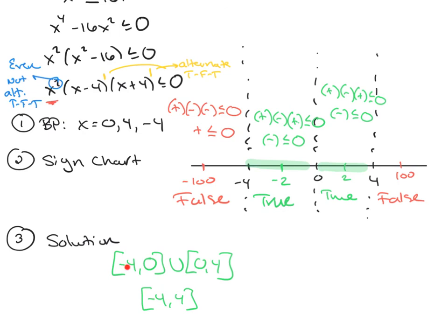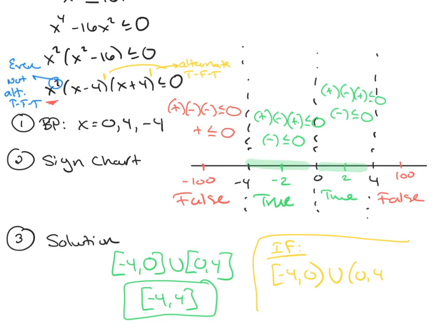So the first way of writing it with the union would be an unsimplified version of just writing negative 4 to 4. However, for comparison's sake, if it were negative 4 to 0 with a parenthesis and 0 to 4, and the parentheses were on the zeros, then you cannot combine it into negative 4 to 4.